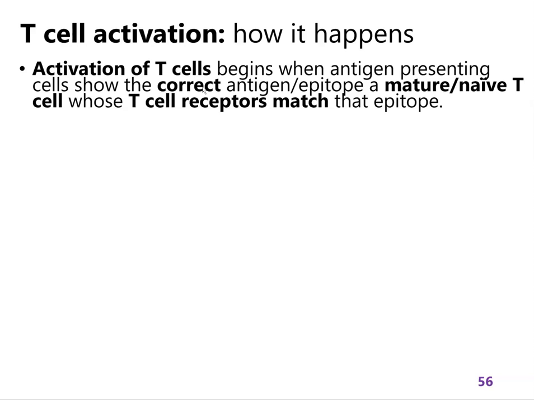What are the chances that an antigen-presenting cell has the right epitope for a lymphocyte? It's astronomically unlikely, but it happens. If an antigen-presenting cell brings the right epitope to a mature naive T cell, it's going to get activated.